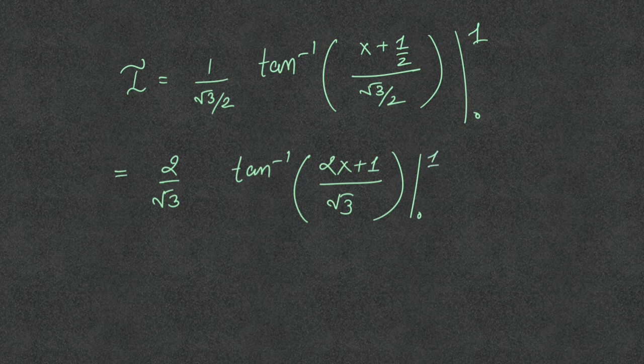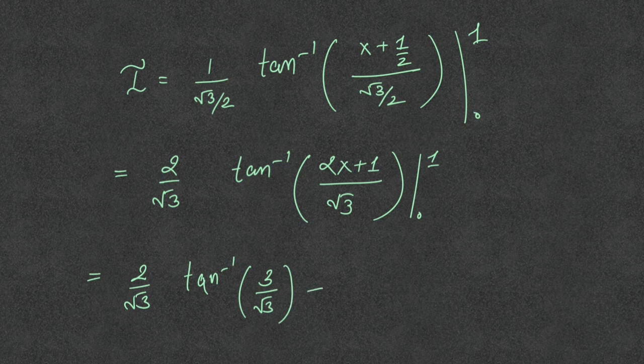Now using the limits, we get 2 by root 3 as it is, tan inverse of 3 upon root 3 on putting 1, minus tan inverse of 1 by root 3 on putting x equal to 0.